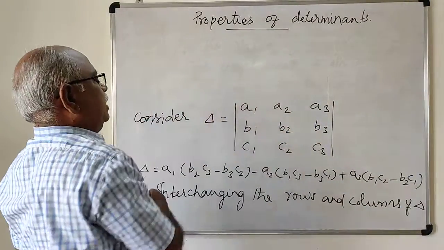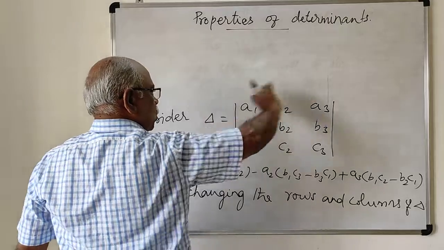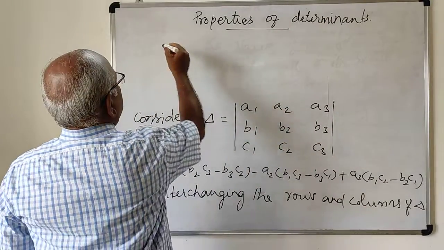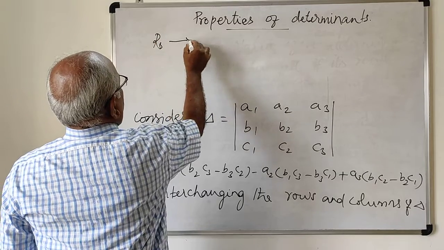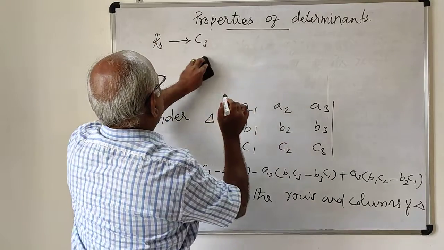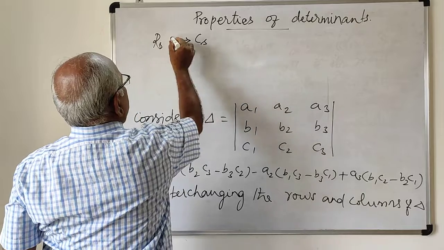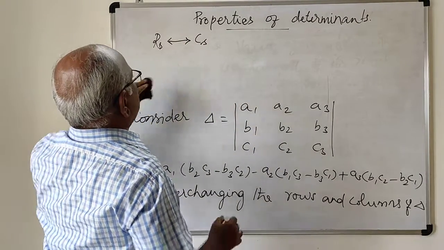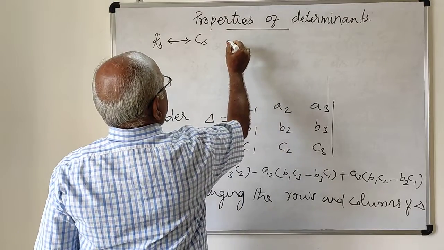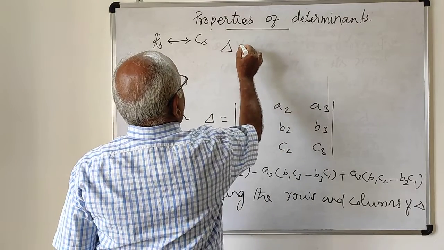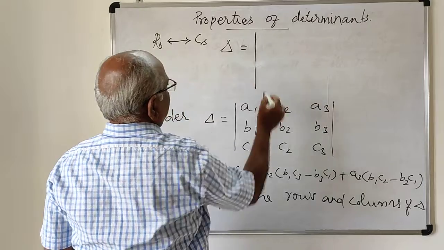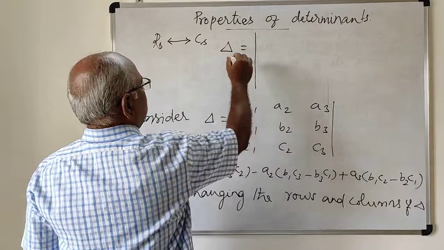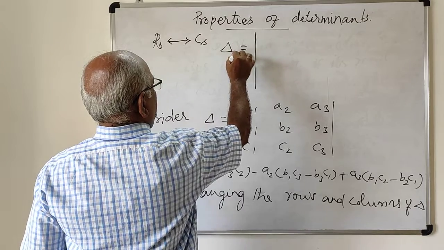In the determinant delta, you interchange the columns into rows or rows into columns. That is, rows are changed to columns and columns are interchanged to rows. After changing the rows and columns, you call it the determinant delta 1.